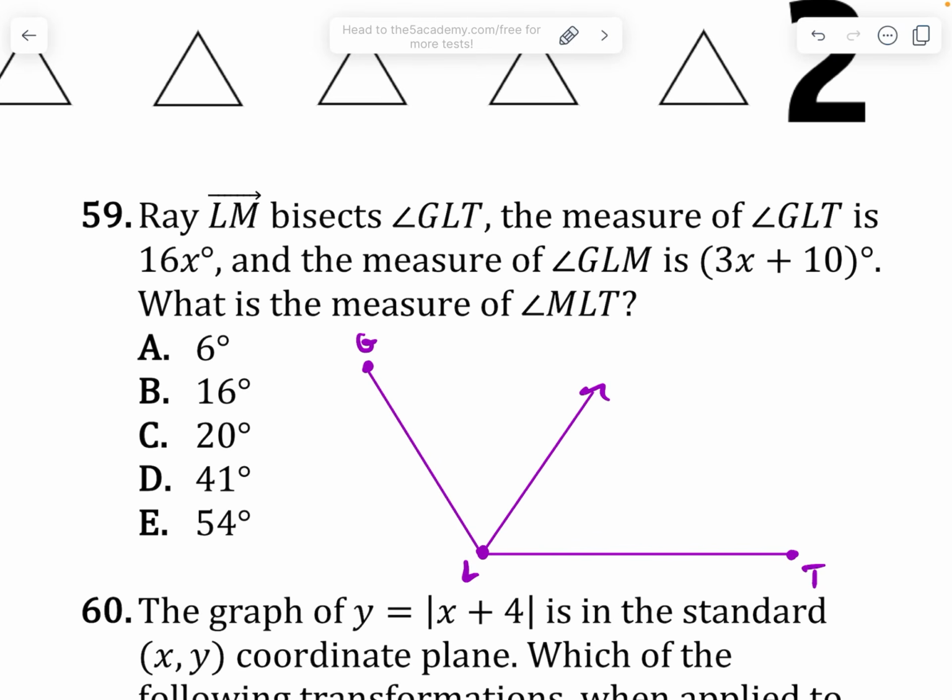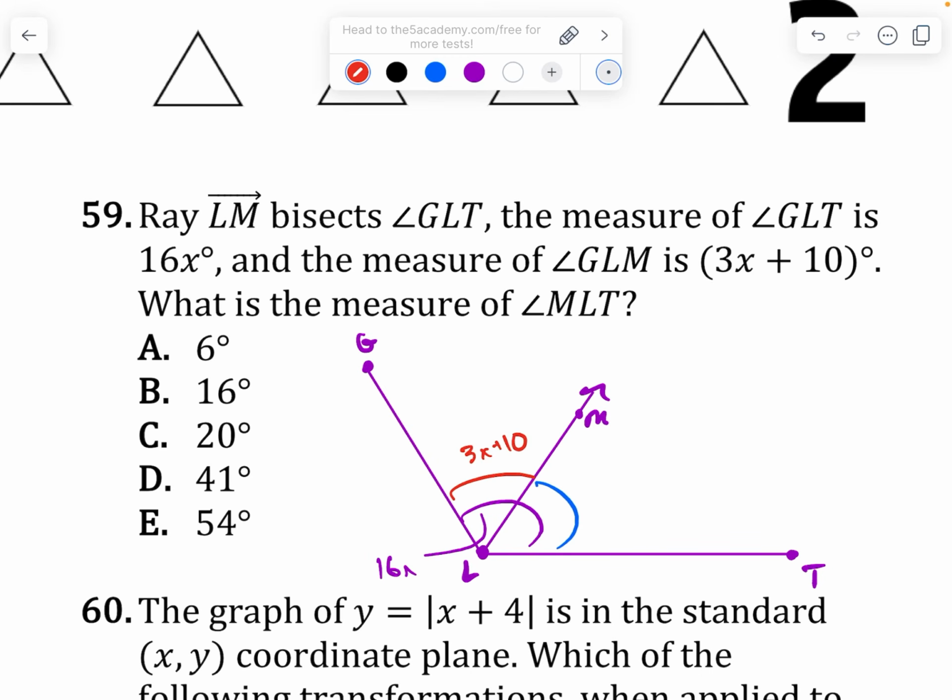So L, M, right? Whatever you had here as the angle, you're going to cut it in half and get this and this. Let's make this one blue. So this guy is 16x. This guy is 3x plus 10. And this also is going to be 3x plus 10.